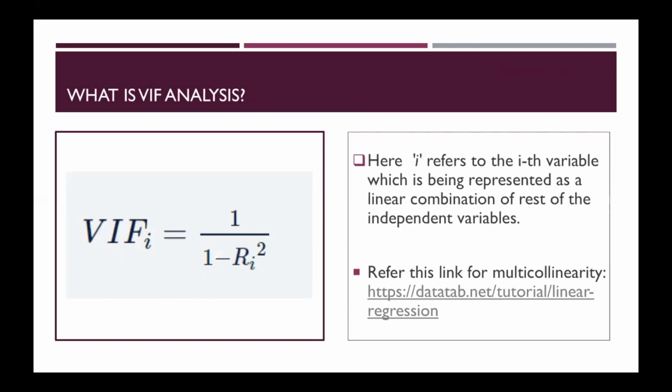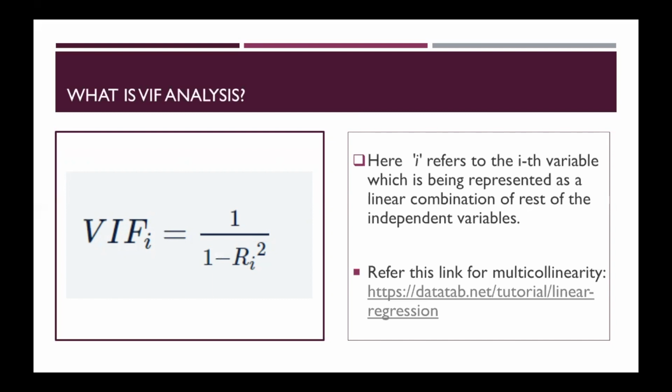So in order to remove the multicollinearity between various features, we use one of the techniques which is called VIF analysis. VIF, the full form is variance inflation factor, and it is given by 1 by 1 minus R square.